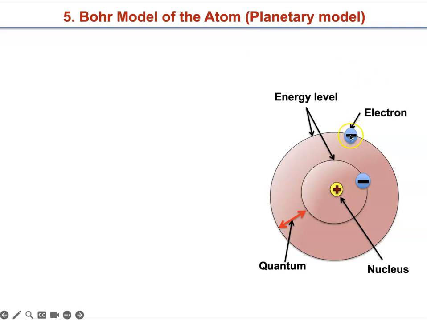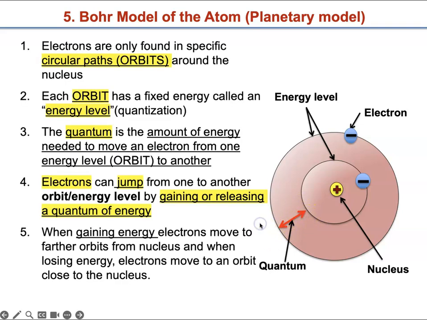He put electrons in specific energy levels. They were not all arranged around the atom in one energy level. They were in specific locations. He called the distance between one energy ring of electron circulation and another a quantum.